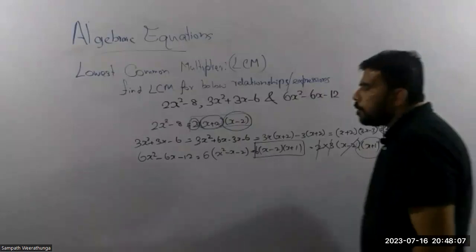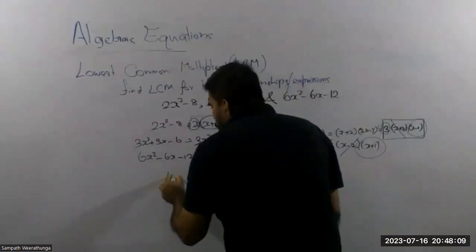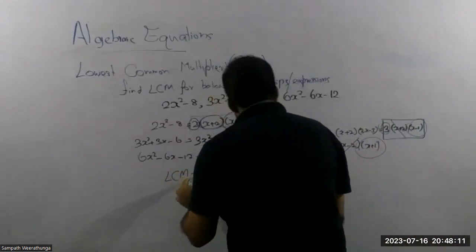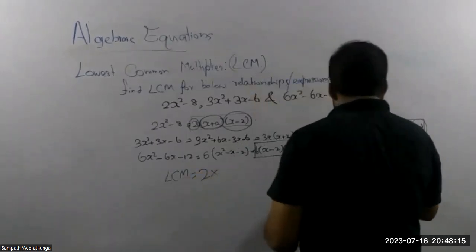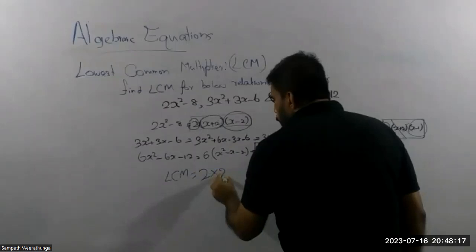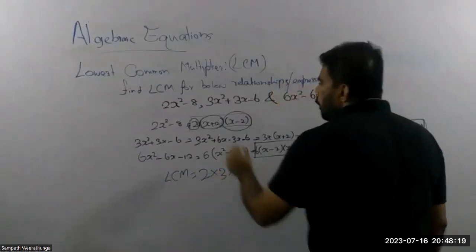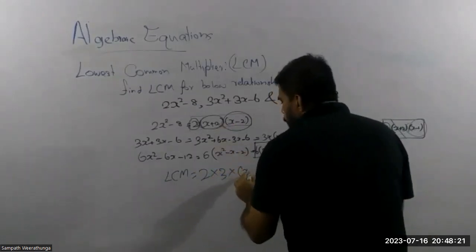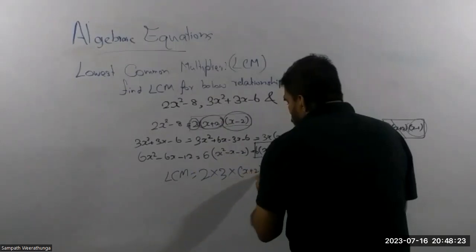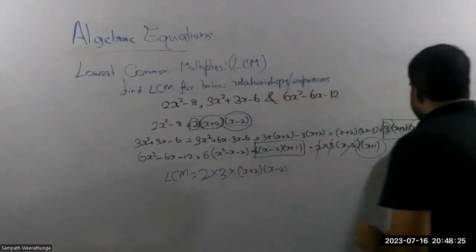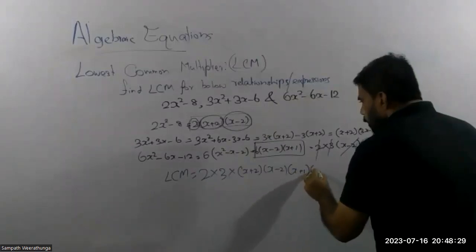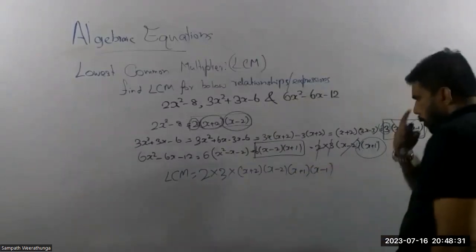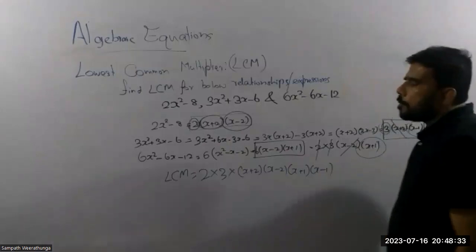So lowest common multiplier for this is, I have to take 1, 2, then 1, 3, then 1 x plus 2 term, then 1 x minus 2 term, then 1 x plus 1 term, 1 x minus 1 term.